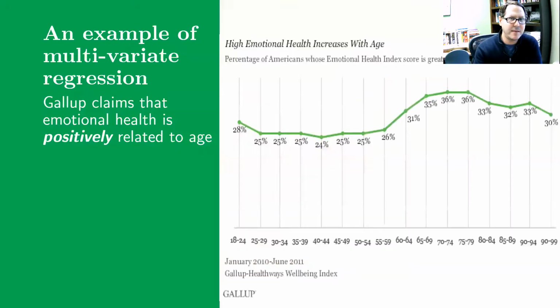But when I go back and look at that graph, I actually see something different happening. What I see is initially sort of people are carefree and young at 18, and then maybe they get into the workforce or they have kids, and a chunk of the population sort of declines in their high emotional health level, and then they kind of plod along at sort of a steady level, and then people retire and they get this boost up, and people who are miserable with their work suddenly are not working anymore and they have higher emotional health, and that's great.